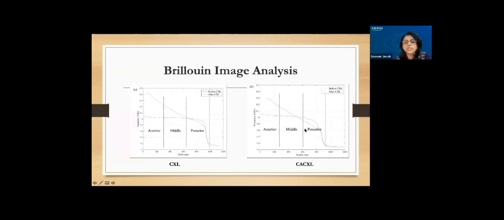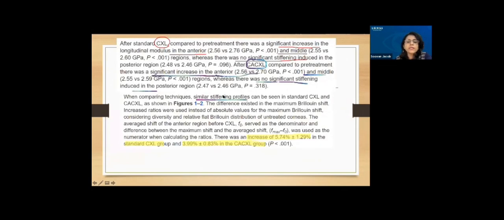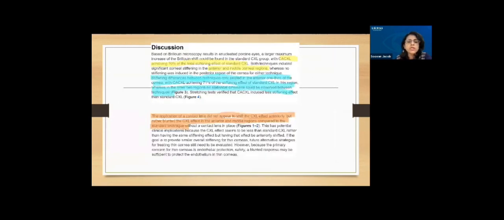So we saw similar results, as you can see here, post CXL and post CACXL. And as he said, similar stiffening profiles, but overall a decrease in the stiffening by about 70%, which is what we also said. It corroborated with what we said. CACXL achieving 71% of the stiffening effect of standard CXL was their conclusion.